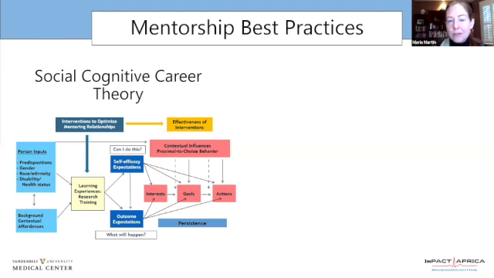And that's really in two specific areas: self-efficacy, so your mentees feeling that they can actually perform and do the task, and outcome expectations, where the outcomes will be beneficial for them. And so thinking about your role as a mentor being one where you can positively impact how your mentees think about their own capabilities and what the outcomes will be.